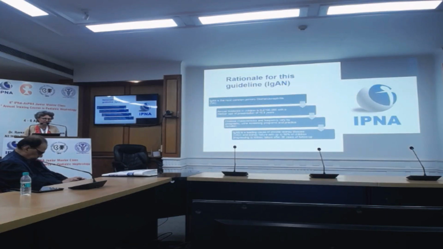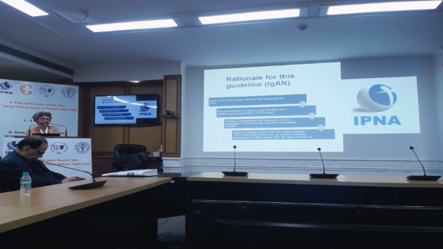The rationale for this guideline: the reason for focusing on IgA nephropathy was that it is the most common primary glomerulonephritis in the world. Its annual incidence in children is 0.2 per 100,000, with a median age of presentation of 10.9 years. The disease characteristics are very variable, both in frequency and in severity, depending on the geography.